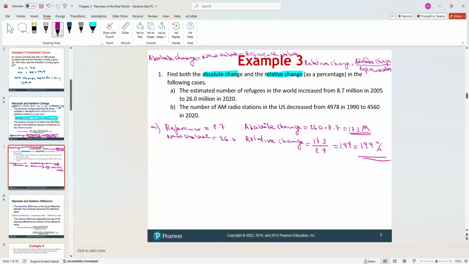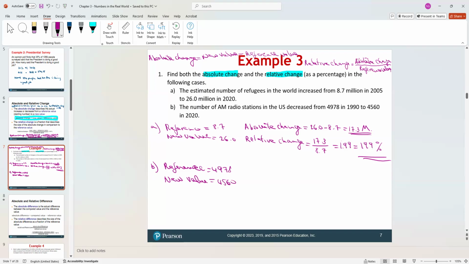So if you go with B, again, the reference, the starting number, is the number of AM radio stations, which decreased from 4978 in 1990 to a new value of 4560 in 2020.